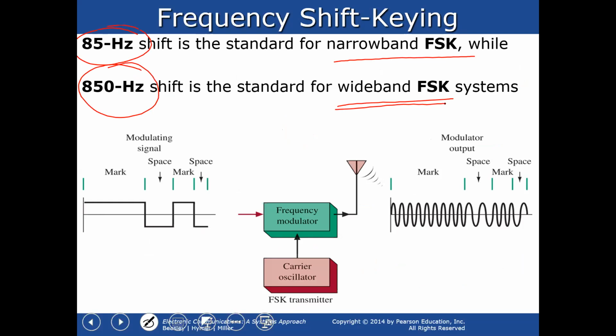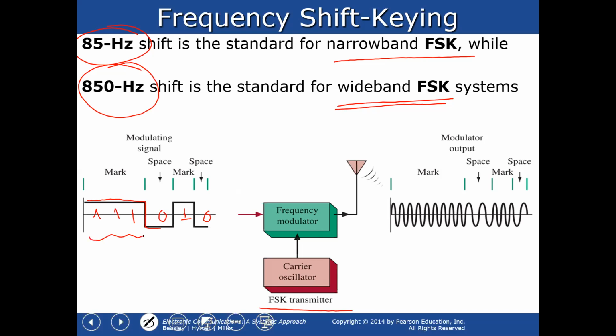And this is just a figure of your frequency shift keying transmitter. Your ones are always represented with a mark, and your zeros are represented with what we call a space condition.